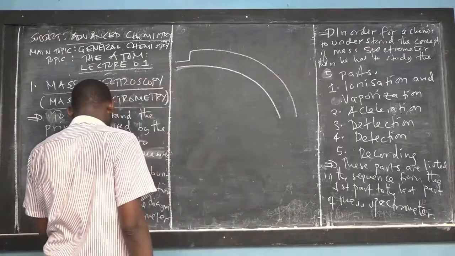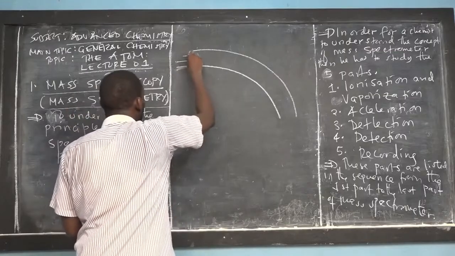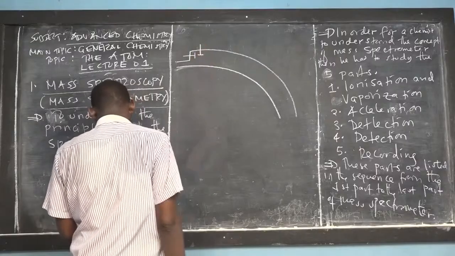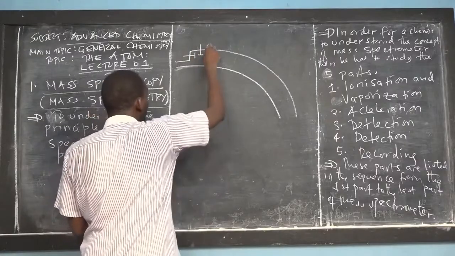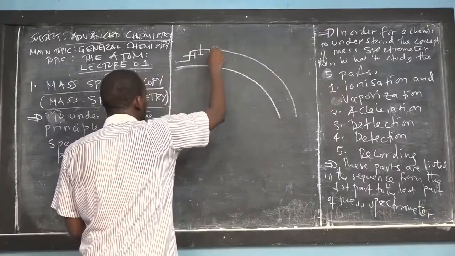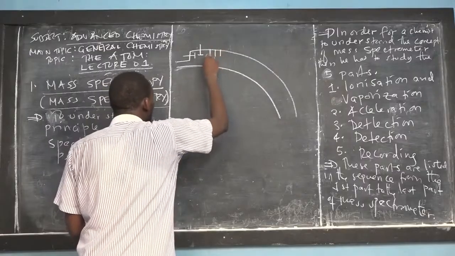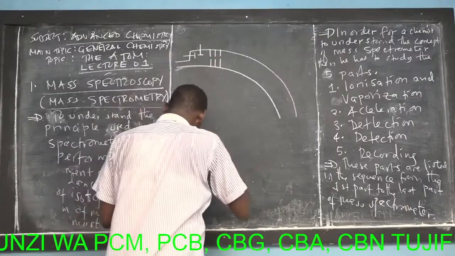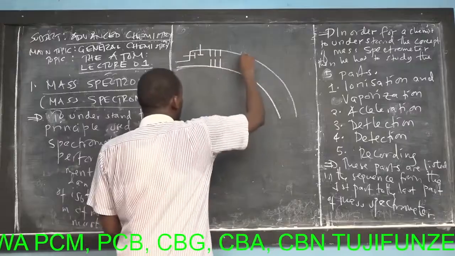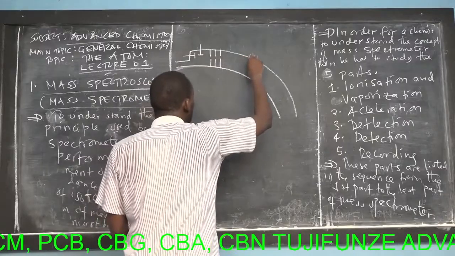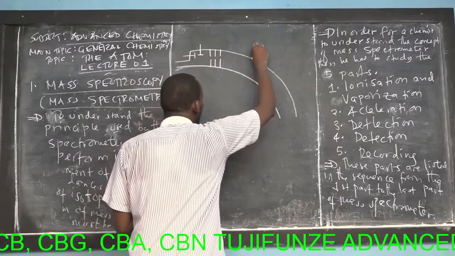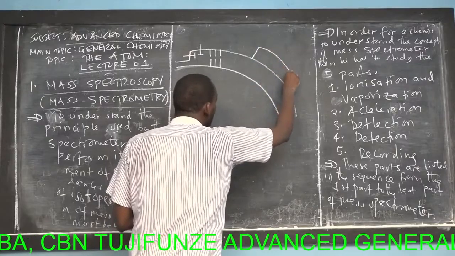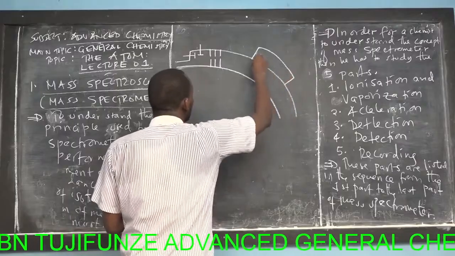So here we have a plate, and here we have another plate. This is the accelerating part. We'll explain what it means. Then from this point we have a very important part, which we call the deflection region.